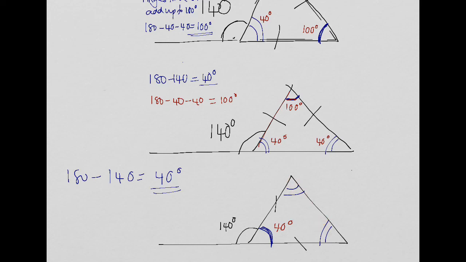So I now need to go 180 subtract 40 is 140 degrees. And that 140 has got to be shared equally between these. And the reason it's equally between these is because we know these are the same angle. So 140 divided by 2 is 70 degrees. So each of these is going to be 70.